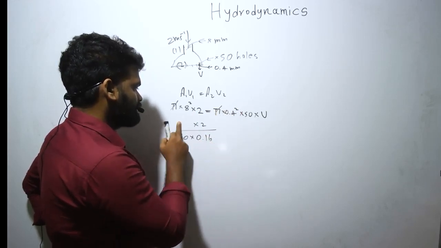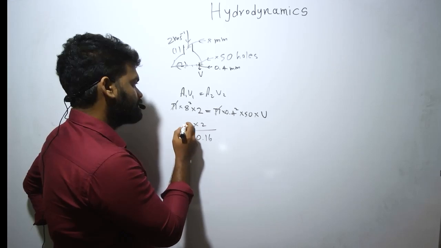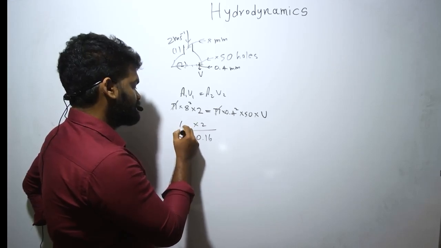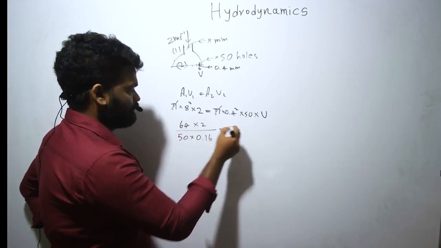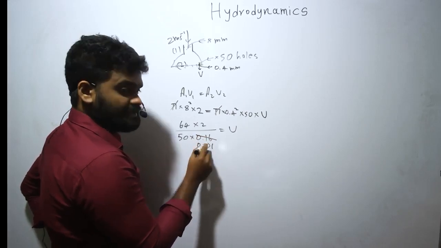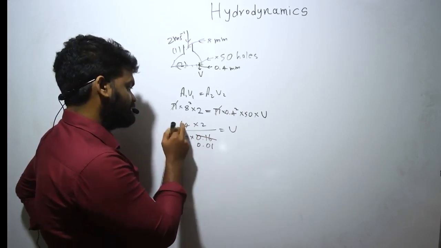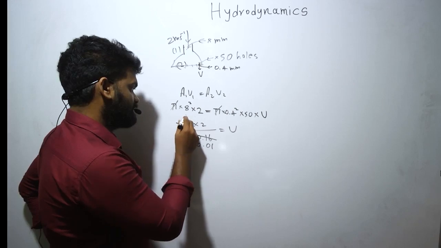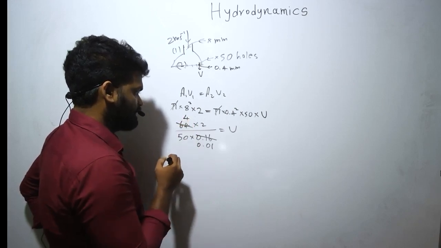If you want, you can take 8 squared as 64. Then I'm dividing by 16, this 16 and this 16. How many 16s? There are 4 16s here.